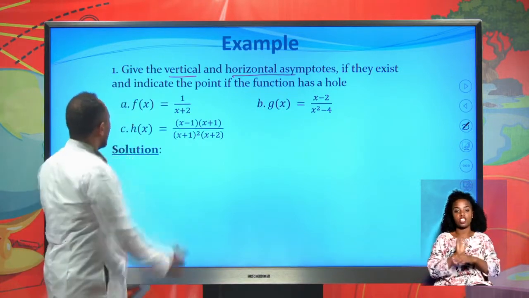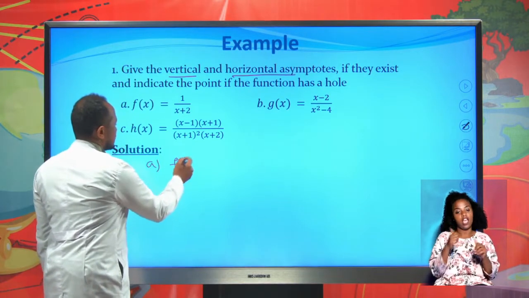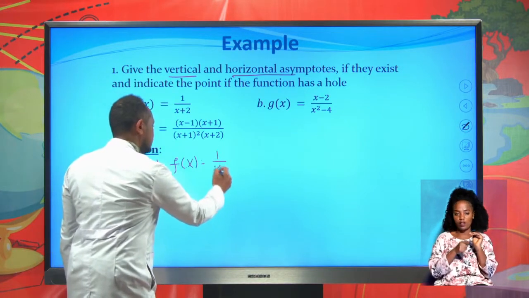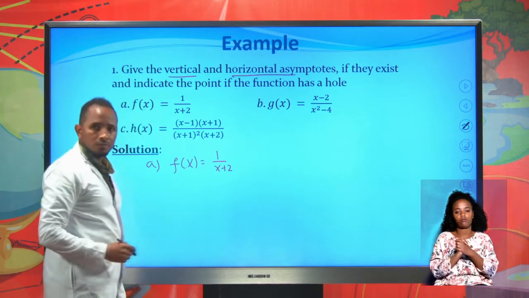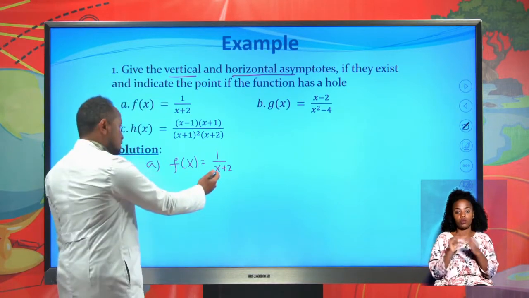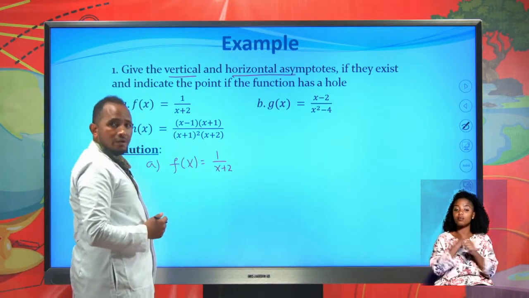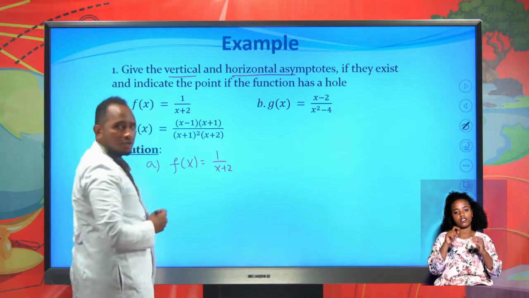The first one, a, f of x is equal to 1 over x plus 2. In this case, the value of x that makes the denominator 0 is x equals negative 2. That number cannot make the numerator 0.